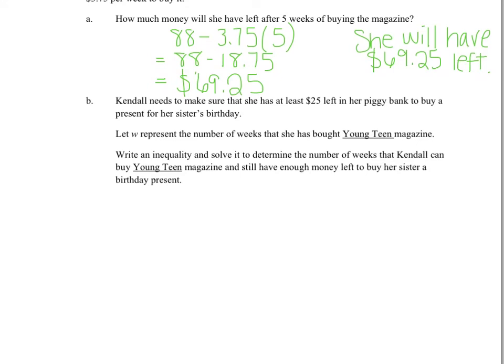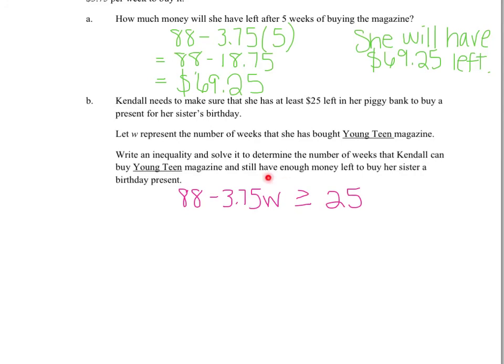Well, using the question above, we know that she starts with $88, and then she's taking away $3.75 per week, so times W to buy the magazine. But she wants to make sure that the amount of money she has is enough to still buy her sister a birthday present of $25.